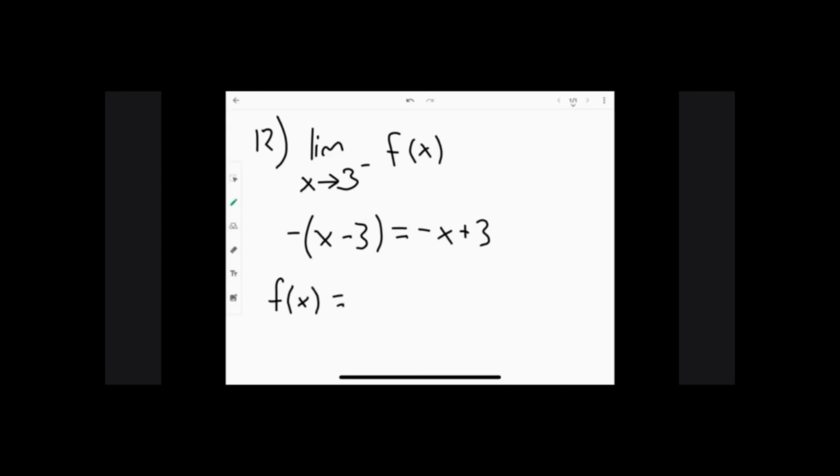So the function does exist, which means that 3 is false. Part 4 says that lim when x goes to 3, f of x exists. What we have to do here is substitute 3 into x minus 3 and we get that f of x when x goes to 3 is equal to 0. So it does exist, so that means that 4 is true.